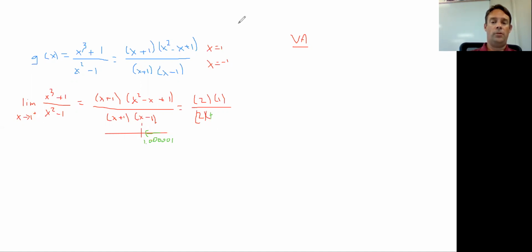As I've got almost a positive 0, I'm going to put a positive small number there. Really, that's 0. That means I have a positive times a positive is a positive. Positive divided by positive makes this a positive infinity. So x equals 1, I'm sure you guys came up with, is a vertical asymptote because it approaches positive infinity.